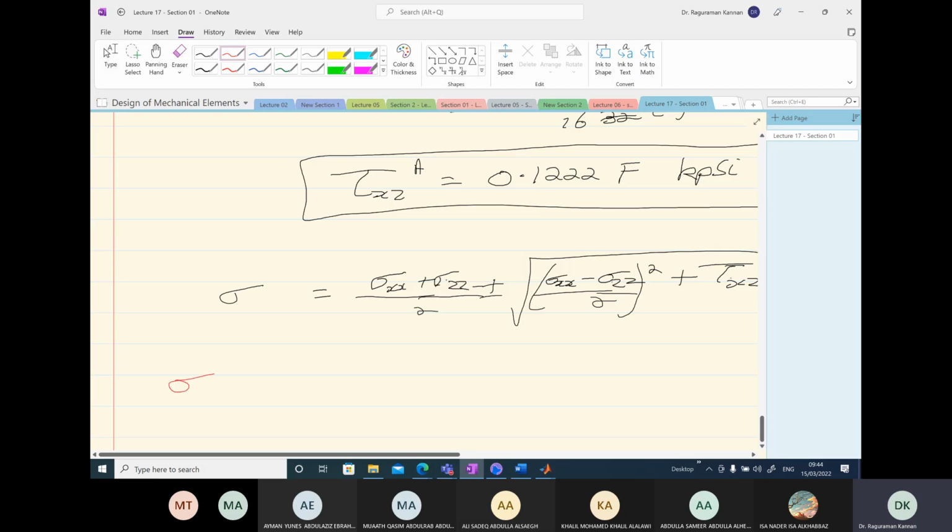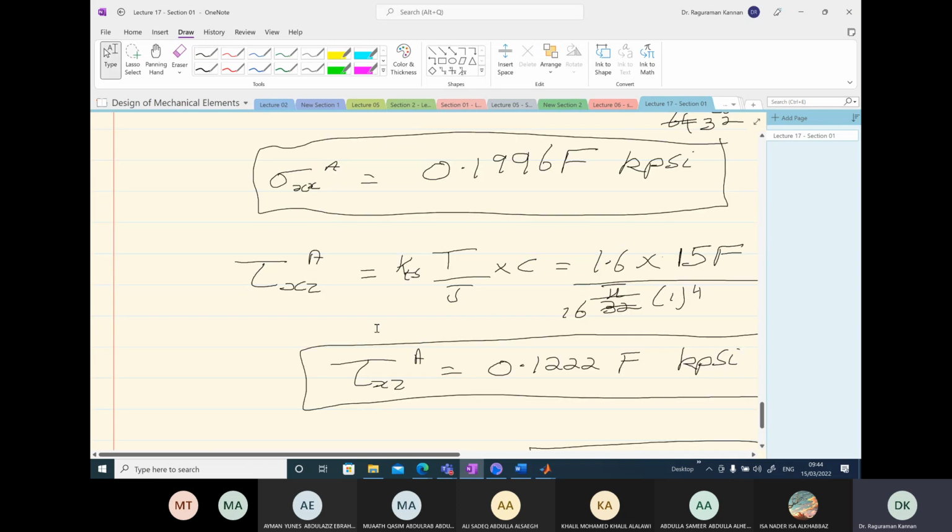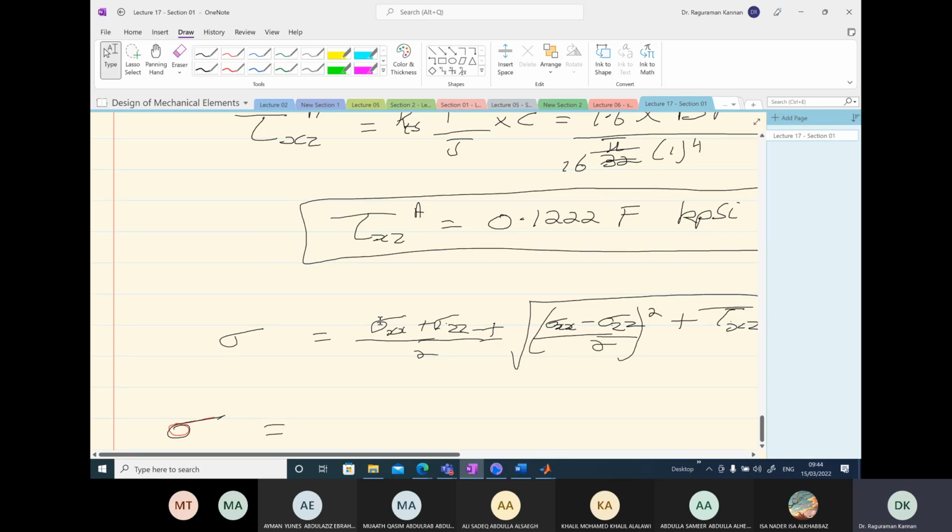So let's write the equation here. Sigma is equal to the sigma xx value, 0.1996 F, and zz is 0, so divide by 2.